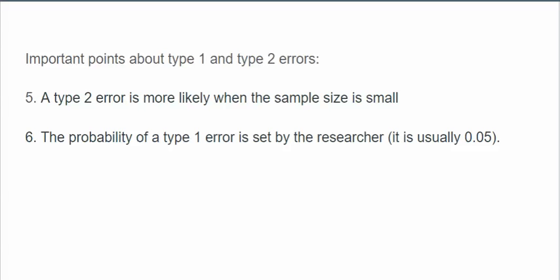You might remember when you create a confidence interval that you set your confidence level in advance before you actually run the formula. For example, you set it to 95 or 99. In a hypothesis test, you set the type 1 error probability in advance also. So it's controlled by the hypothesis test. And 0.05 is what people usually agree it should be set to.